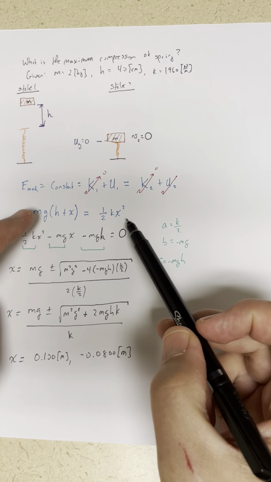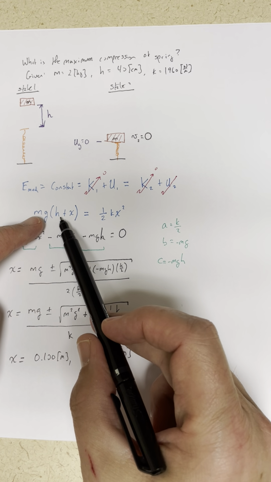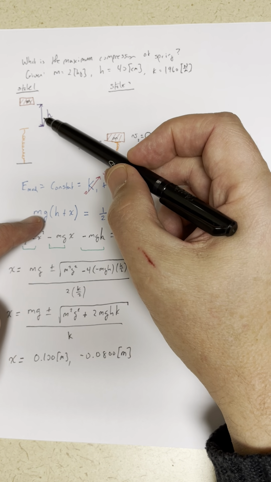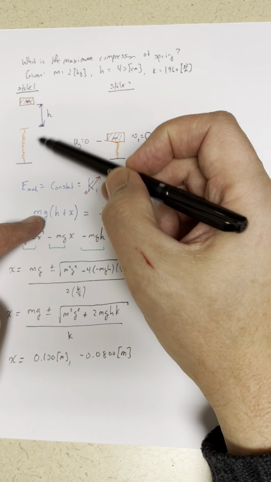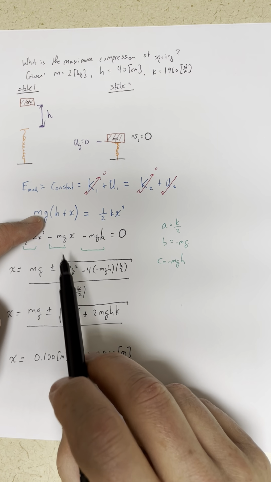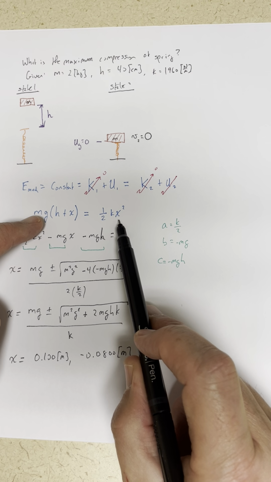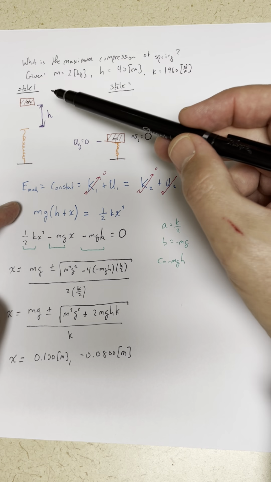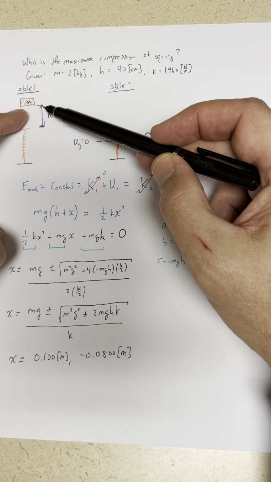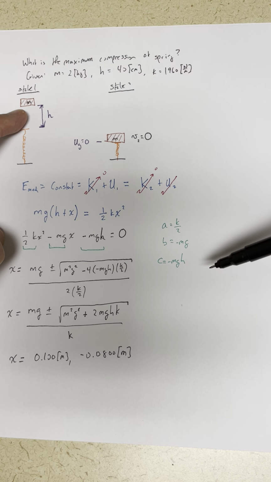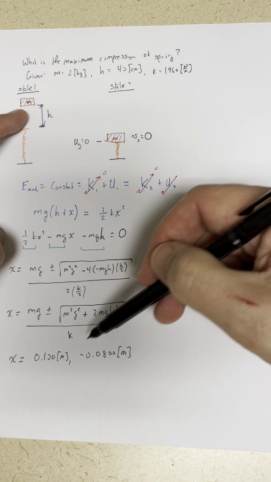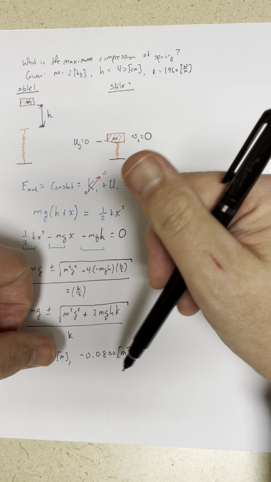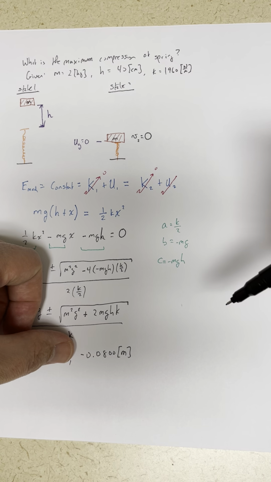Well, I have 2 ways that I can solve this. The first one is to put this up high, right? H, which was given, plus x high, and that would correspond to a certain amount of energy stored in the spring. The other solution is I'm at height h, but the initial displacement of the spring is going to be a smaller amount, just 8 centimeters in the opposite direction.